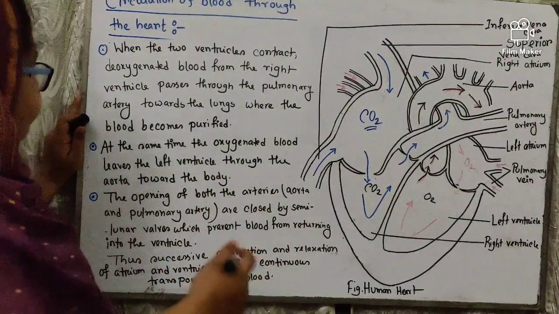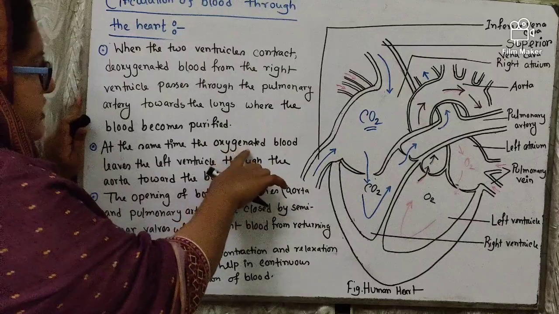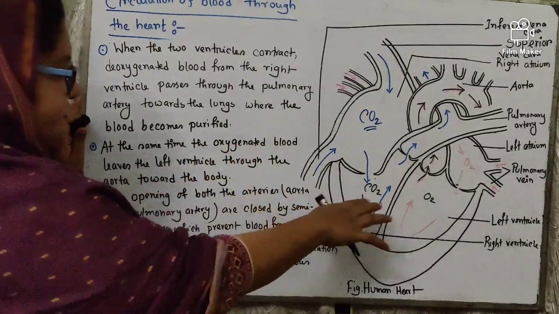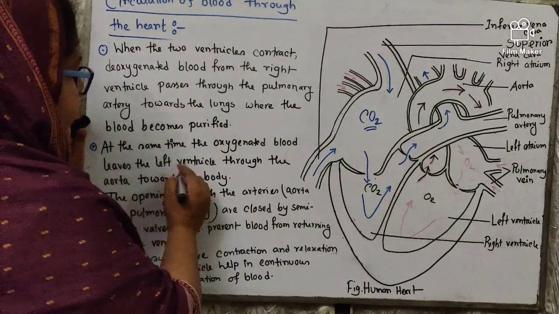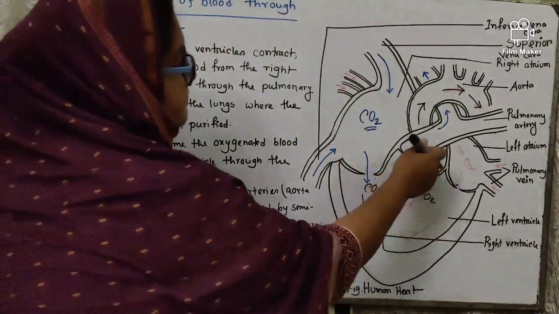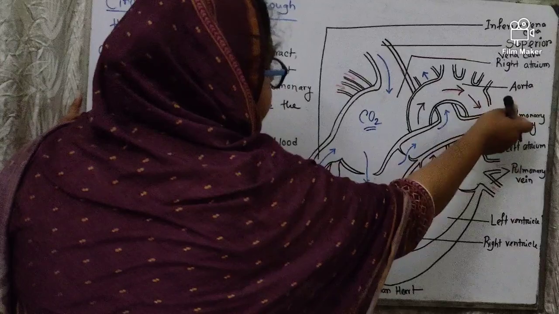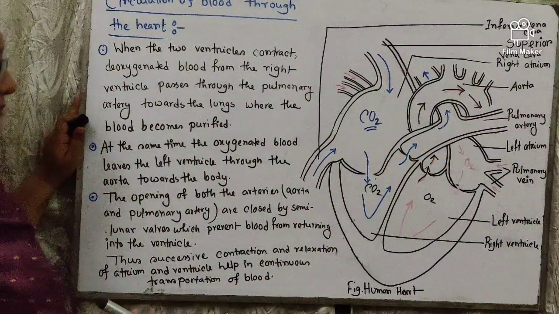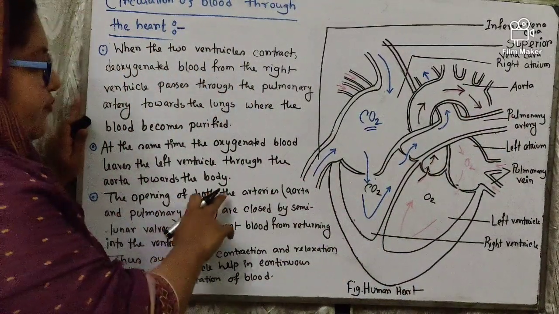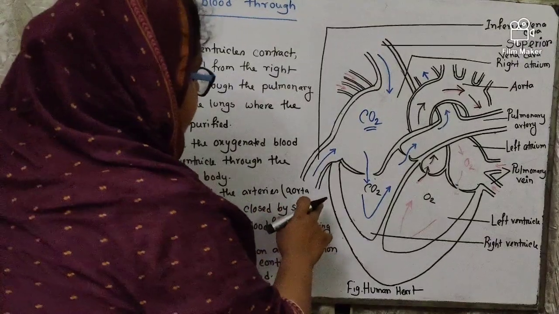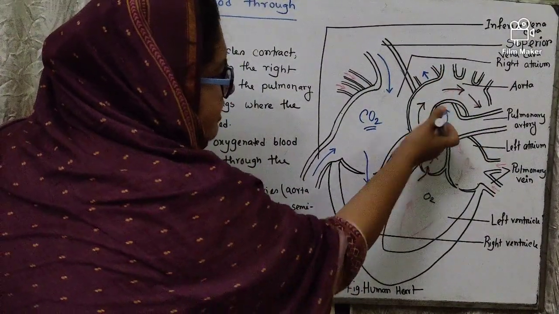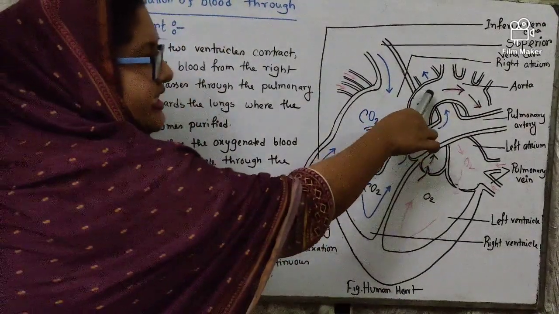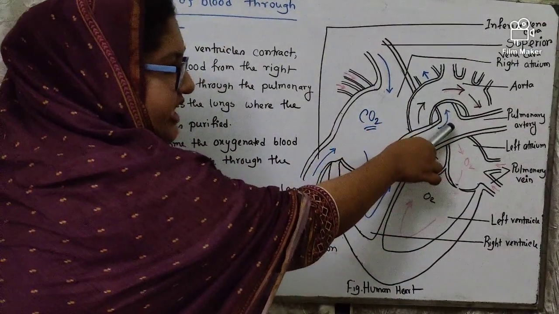At the same time, the oxygenated blood leaves the left ventricle through the aorta towards the body. Okay, the opening of both arteries, that means the aorta and the pulmonary artery. Aorta is one kind of artery and pulmonary artery.